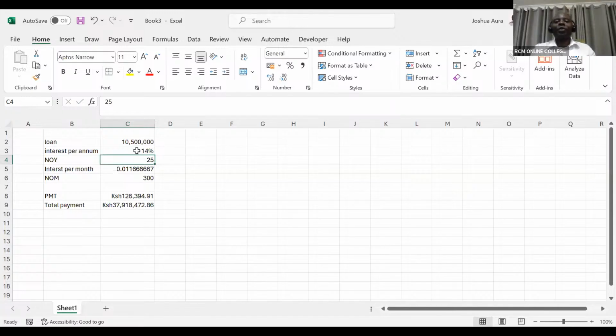So are mortgages good? All of them are saying bad. Repeat, total payment, what have we done? We simply took the payment per month times the number of months. We took this times 300.